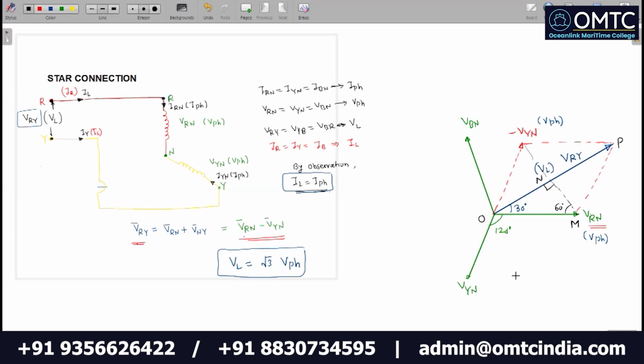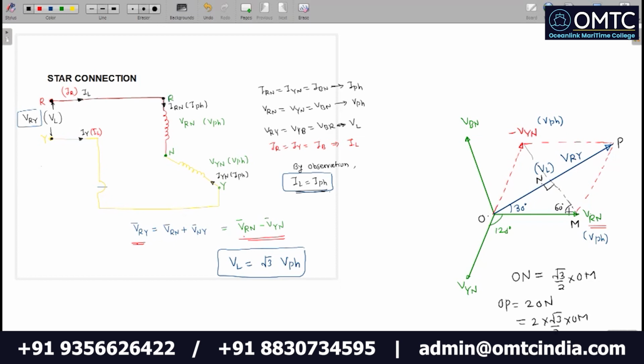We can write here ON is equal to root 3 by 2 into OM. Okay, ON is equal to root 3 by 2 into OM, and OP is equal to 2 times ON. It means OP is equal to 2 times root 3 by 2 OM.